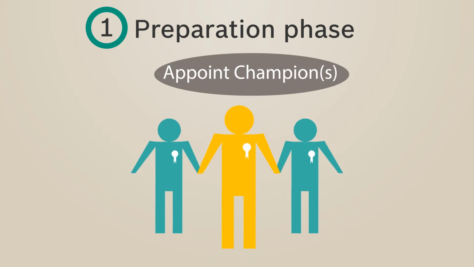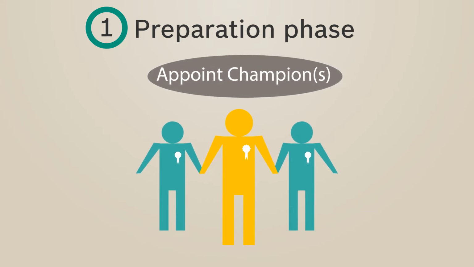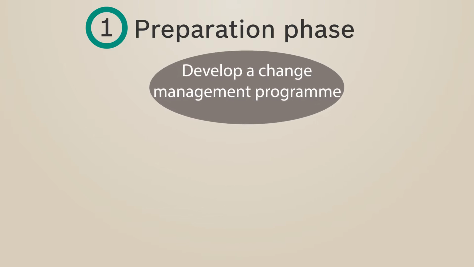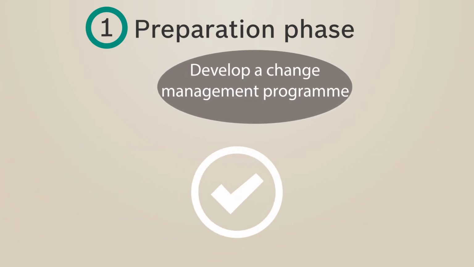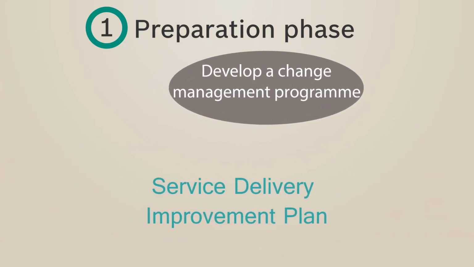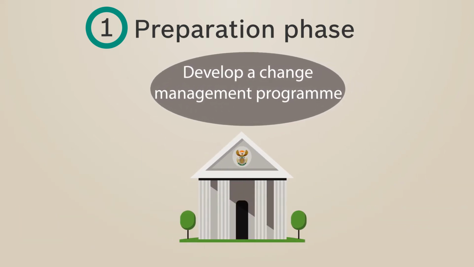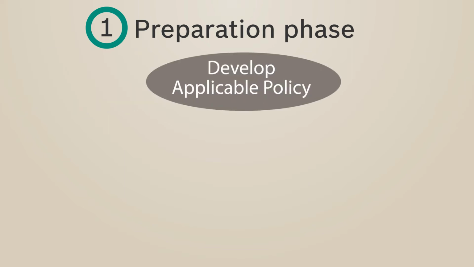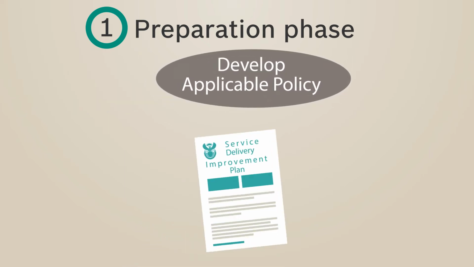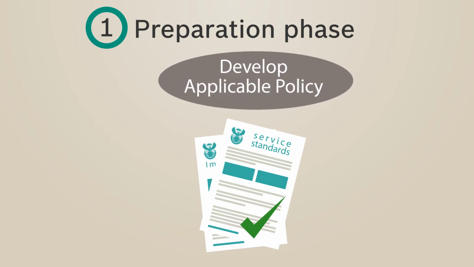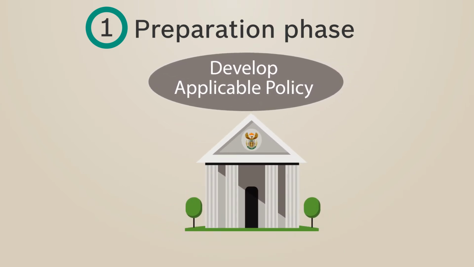The champion or champions should be able to understand issues and challenges of service delivery. Then, you develop a change management program in order to ensure that the rollout of the Service Delivery Improvement Plan initiative takes place successfully in the institution. Then, you develop applicable policy on service delivery improvement plans and service standards that is accepted and understood by all in the government institution.